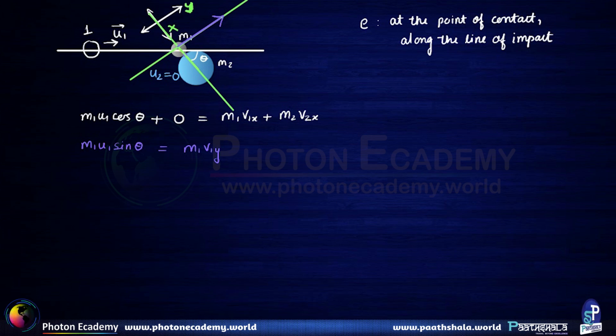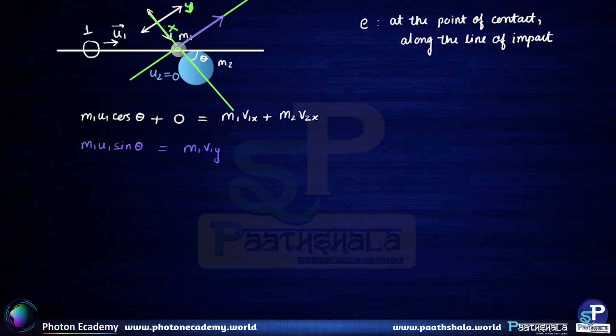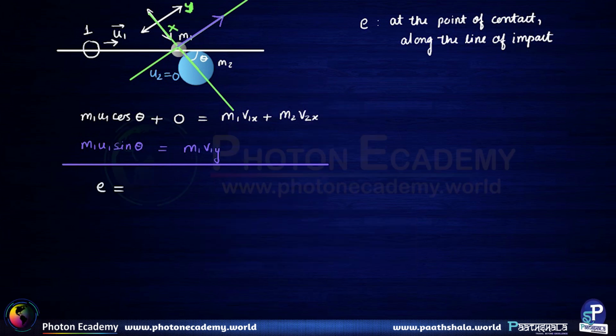So that is where the coefficient of restitution equation comes in handy. Coefficient of restitution is applied at the point of contact along the line of impact. So along the line of impact, what does that mean? The coefficient of restitution equation should thus be applied now. We should write down, E has to be known, E has to be given, E is equal to minus of V2, so instead of V2 we have to write V2x, because remember it is along the line of impact.